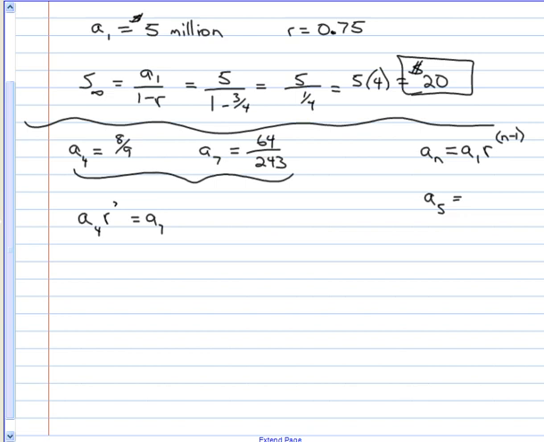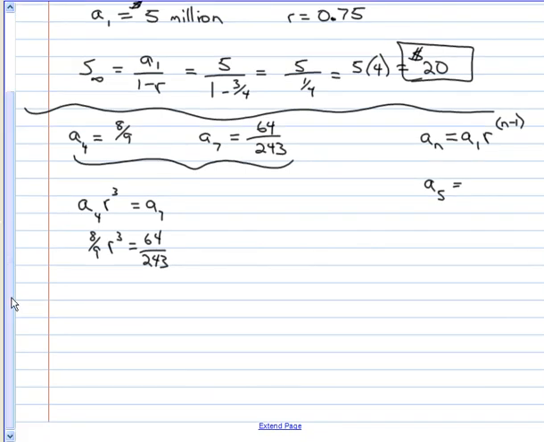It'll be 3 times. 1 time will get me to the fifth, 2 times to the sixth, 3 times to the seventh. So I can fill in what I know. The fourth term is 8/9. I don't know the common ratio, but if I cube it, I then will get this seventh term, 64 over 243.